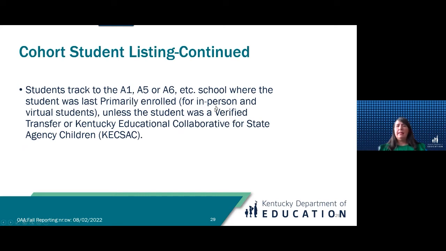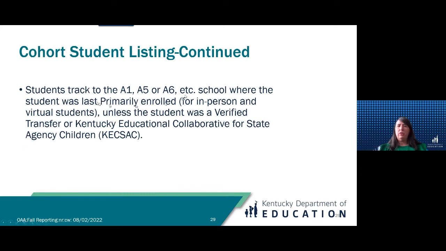And like I said, the only two exceptions are if you've got a verified transfer that you filled out in Infinite Campus for the student, or if you've got a CEC student. If it's not one of those, the other students are going to track back to where they were primarily enrolled.